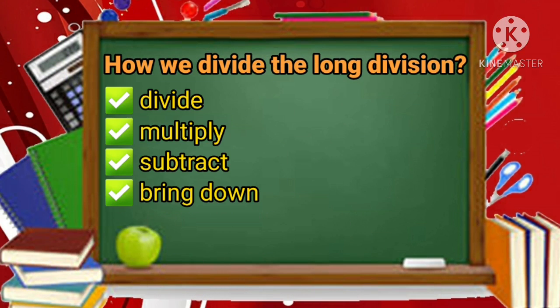How do we do the long division? So always remember, we follow steps also. First, divide, multiply, subtract, and bring down. So the steps are repeated until there is no more digit number in the dividend.